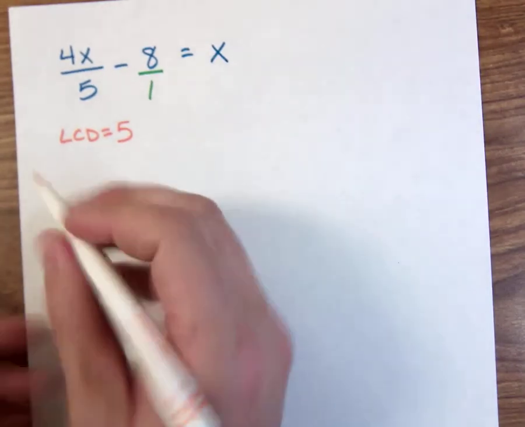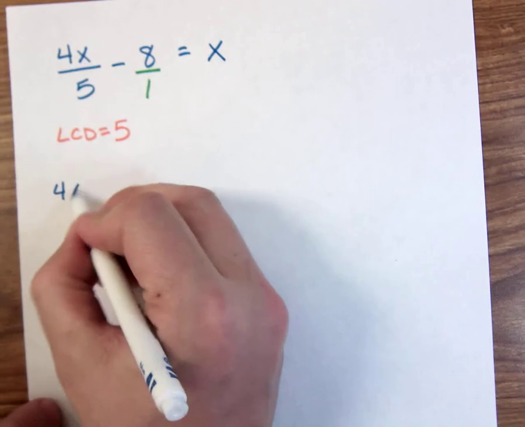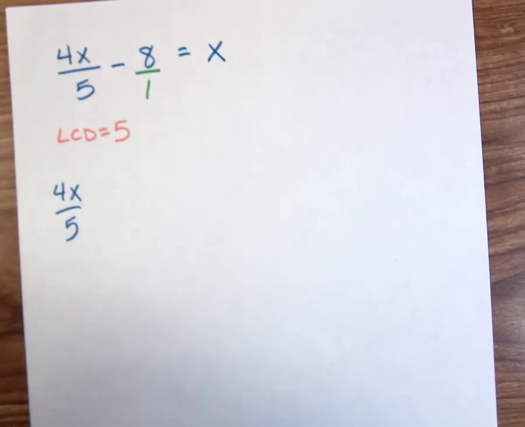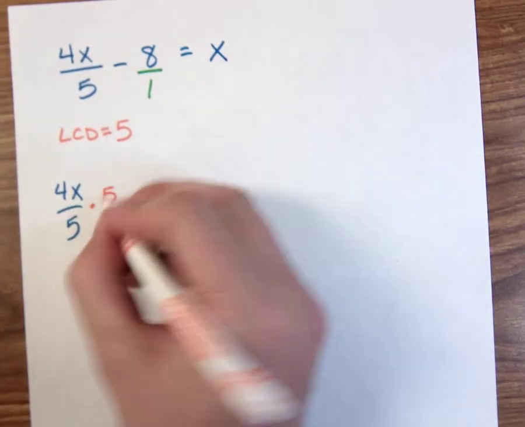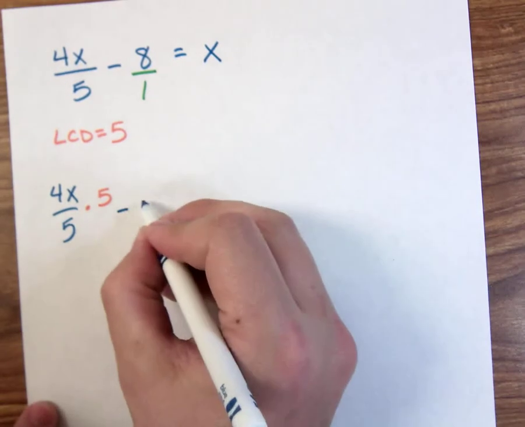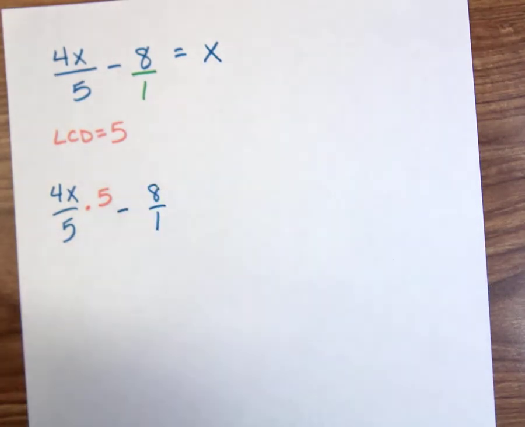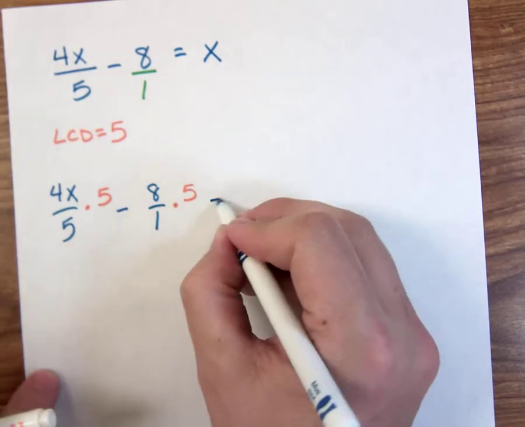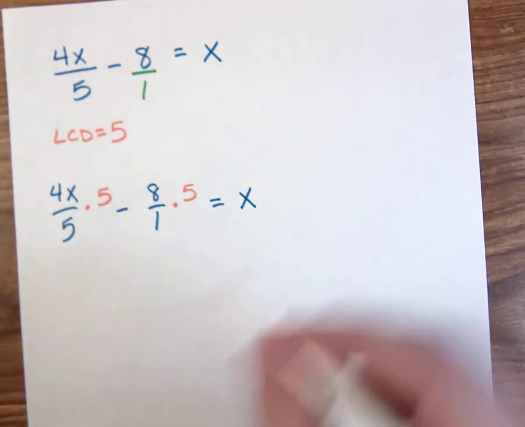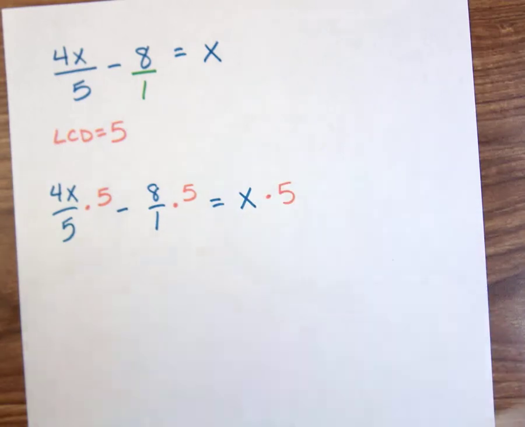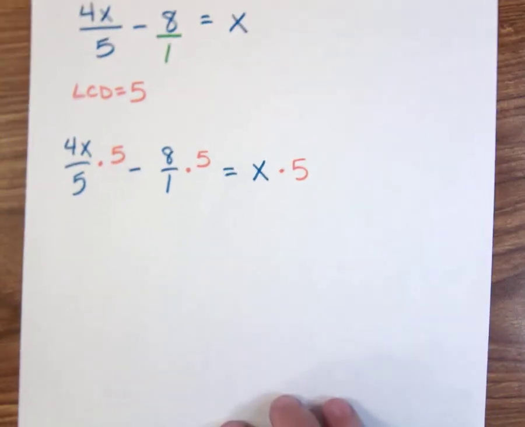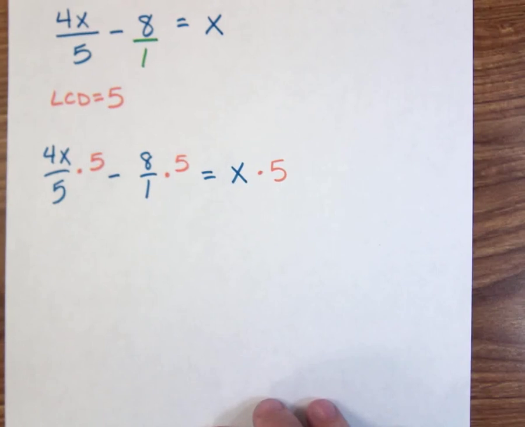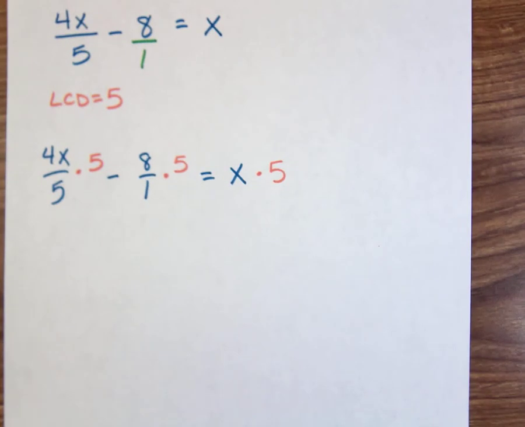So my first thing was 4x over 5. That's going to get multiplied by 5. Minus 8 over 1. That's going to get multiplied by 5. Equals x, and that's also going to get multiplied by 5. Everything gets multiplied by 5. So 20x over 5?